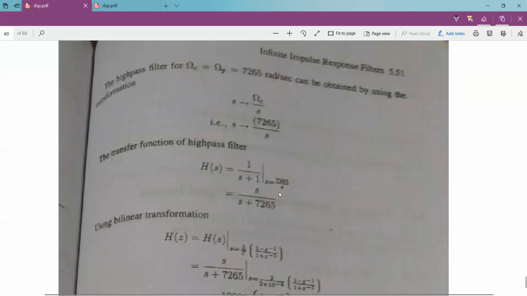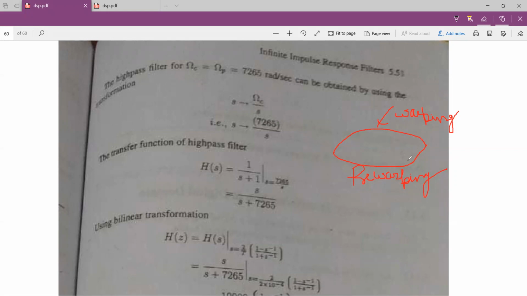The important thing is that you are pre-warping the digital frequency into the corresponding analog frequency to avoid the warping effect due to the bilinear transformation method. Because pre-warping will give just the opposite effect of the warping.